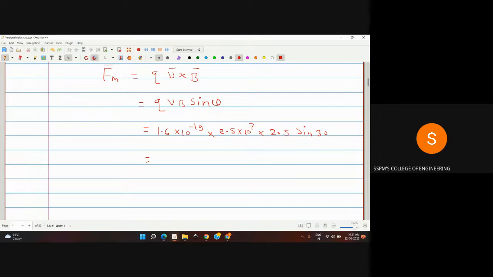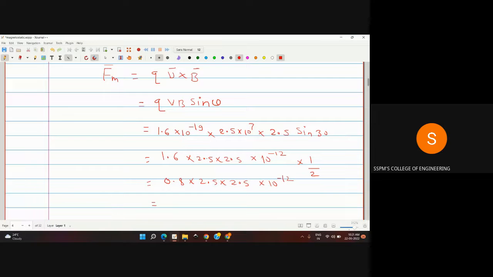Sin 30 is 1/2. So this will be 1.6 into 2.5 into 2.5, 10 to the power minus 19 plus 7 is 10 to the power minus 12, and sin 30 is 1/2. 1.6 divided by 2 is 0.8 into 2.5 into 2.5 into 10 to the power minus 12.